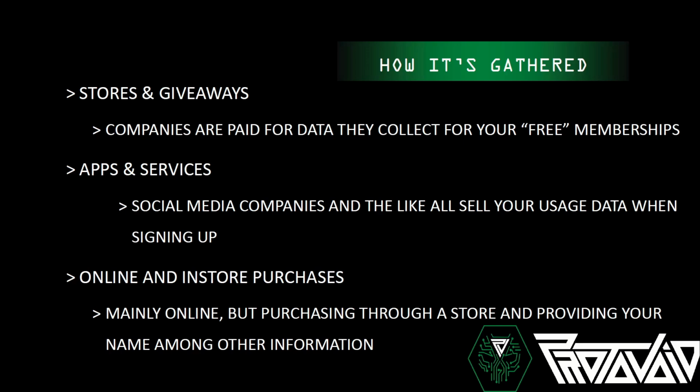All that information that you give is now being sold, because nothing's free. So that information of yours is being sold, whether it be for spam mail, or to data collection companies, or whatever else they do with that data. It's now being sold, and your information is being spread across the internet.